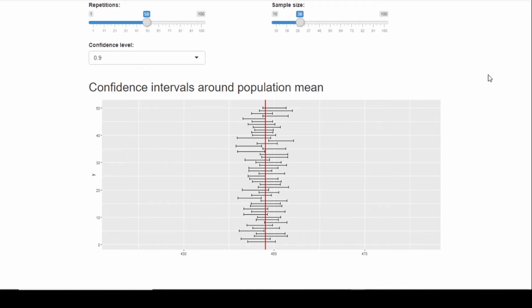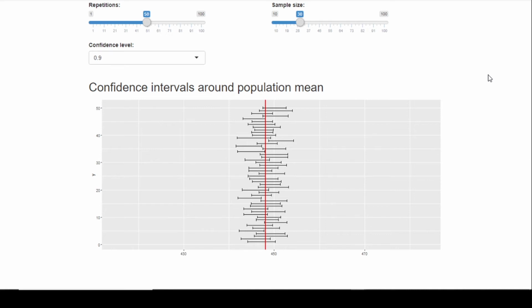We expect that about 5 of them will not include the red line. If I redo this, then it might differ slightly. So it's not always exactly 5, but on average, we will expect that 5 of these intervals will not include the red line.